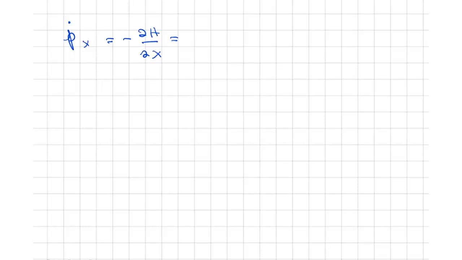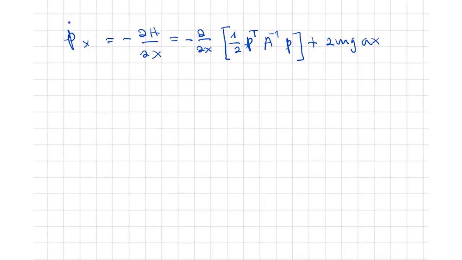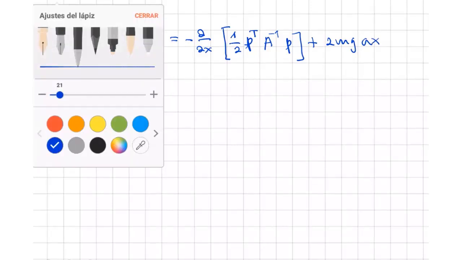So I'm going to write the equation in a short way. It's going to be the derivative with respect to x of the kinetic term of the Hamiltonian, plus the derivative with respect to x of the potential energy, in this case 2mg ax, and this is another equation.